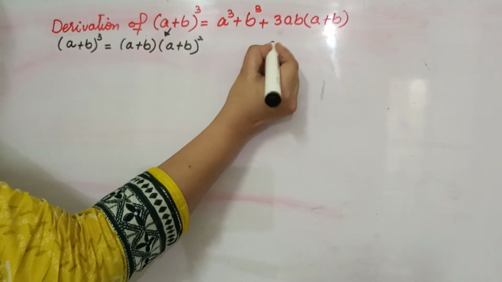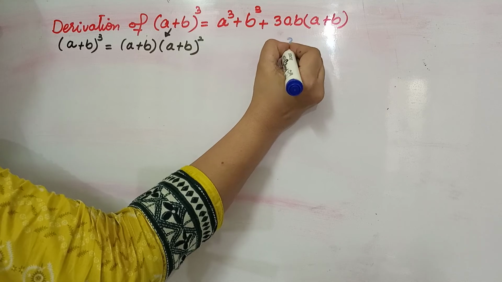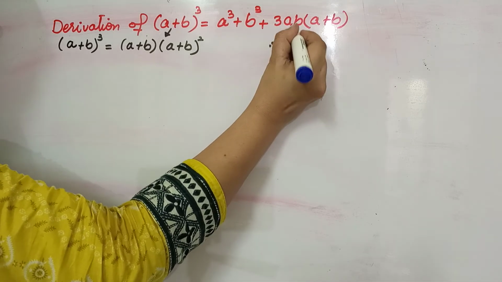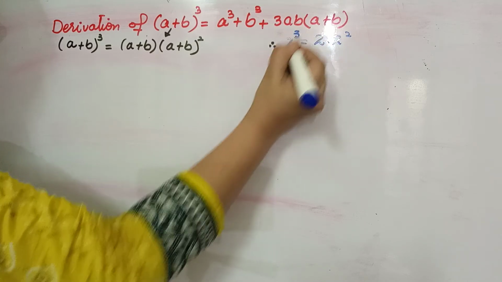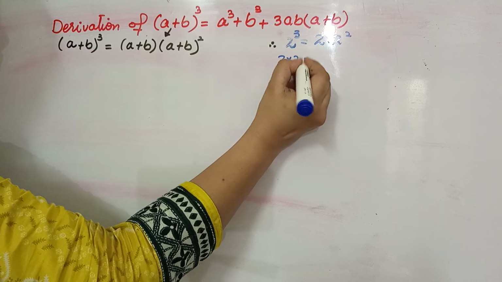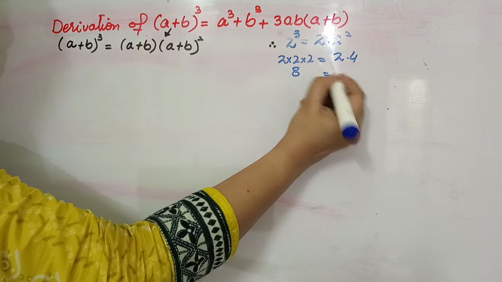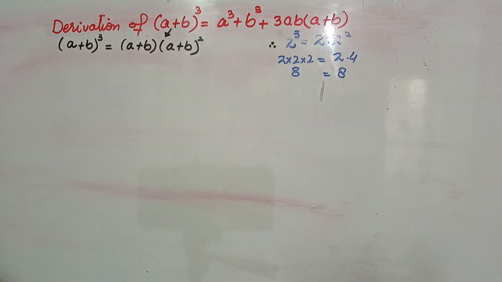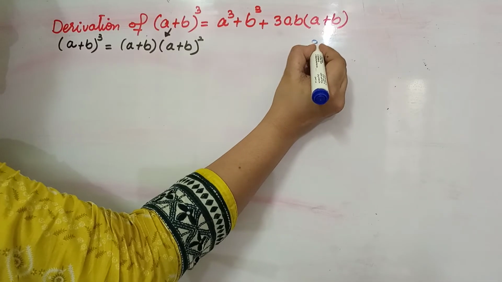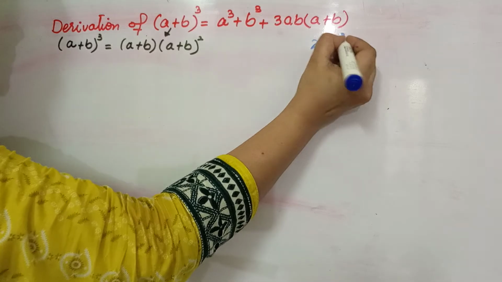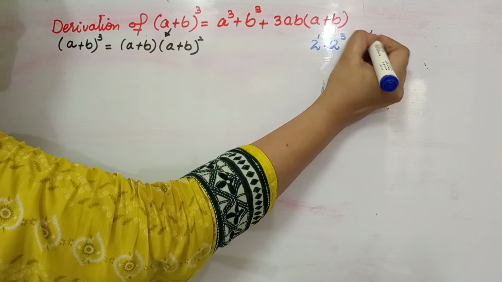Same like we are writing 2^3 is equal to 2 into 2^2, and this will be 2 into 2 into 2, that will be 8, and here 2 into 4 is equal to 8. We know that when the bases are same, the powers are going to add. 3 is 1 plus 2, that will be 4.